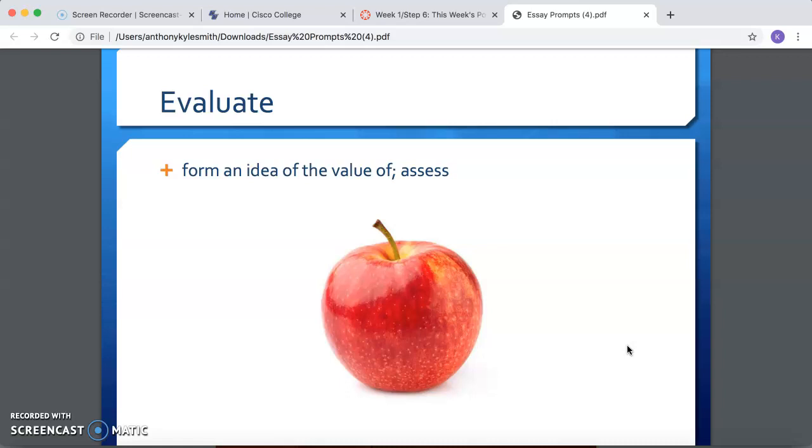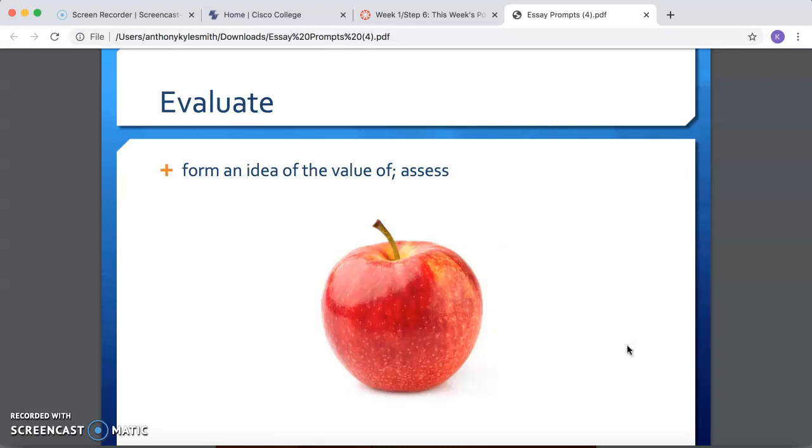So here, if we're asked to evaluate the apple, we might write that it tastes great, it's tart and sweet in equal measure, but also it was a little mushy. So here's what's bad about it, right? We're reviewing the apple. Now we're evaluating. We're not merely summarizing or describing, we're giving value to it.